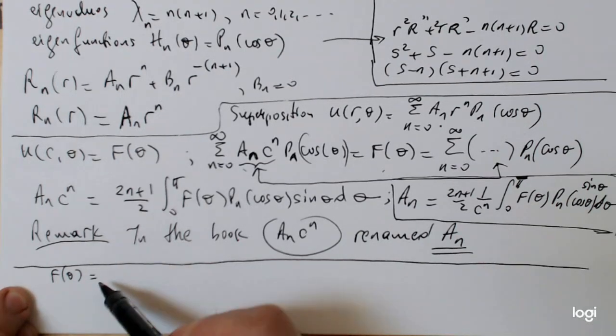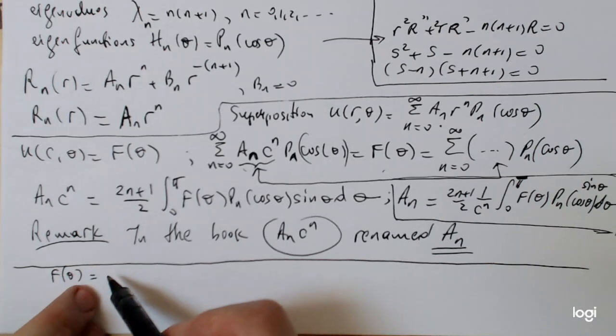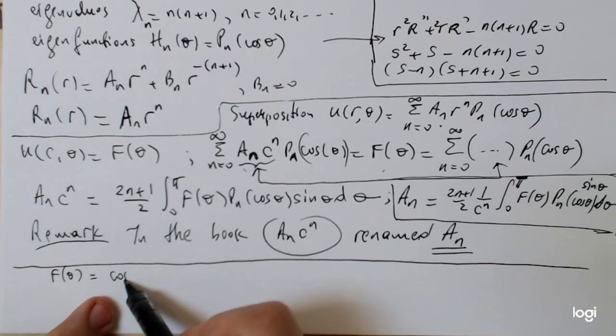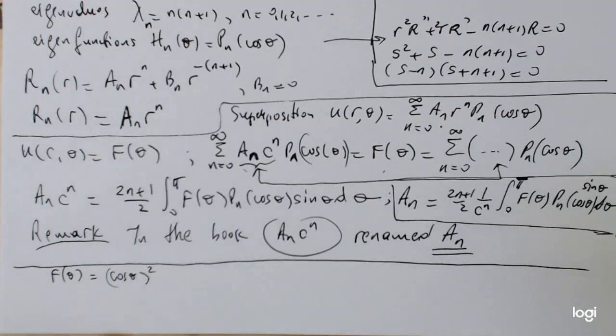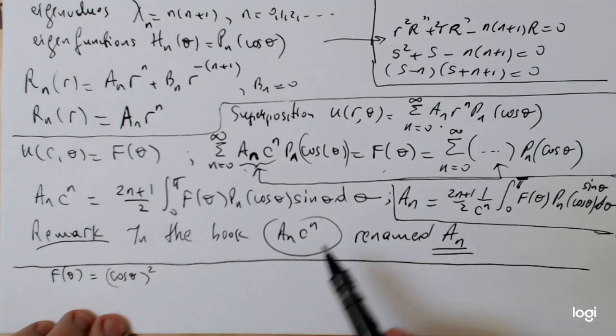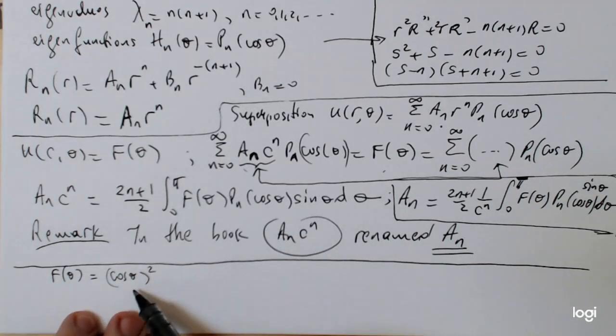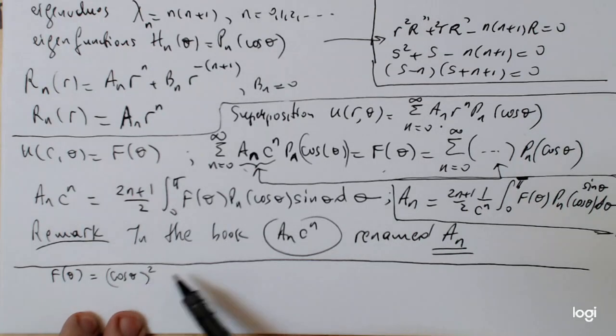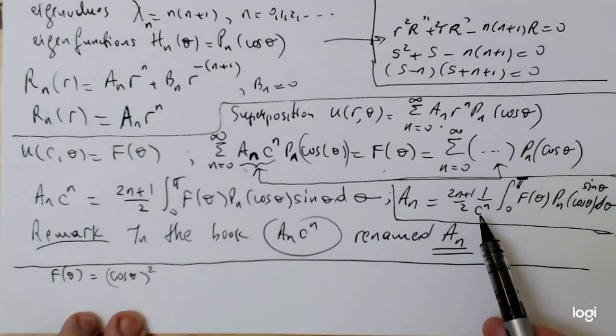Well, no, let's do a different one. Let's say f of theta is cosine of theta to the power 2, just to make that integral look nice when I make the substitution. This could be a legitimate question, though it's not going to be easy, but still doable, in the sense of actually finding these coefficients.